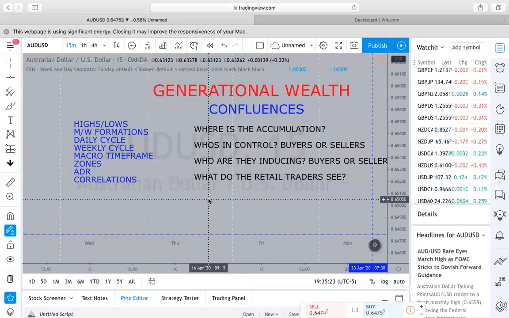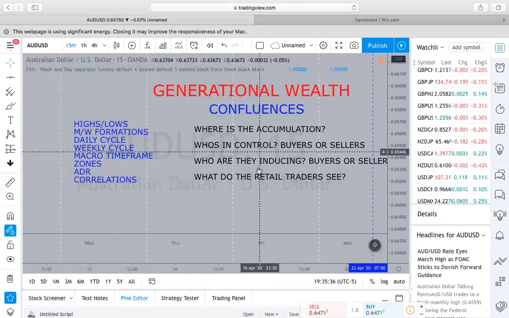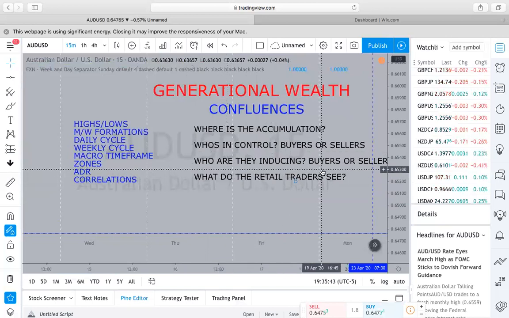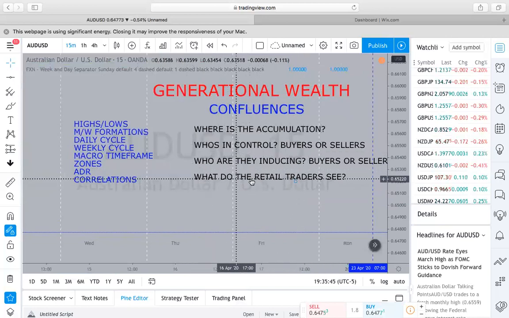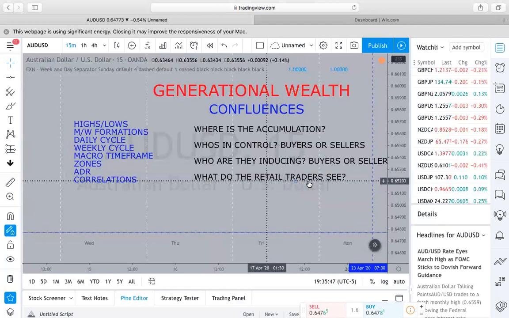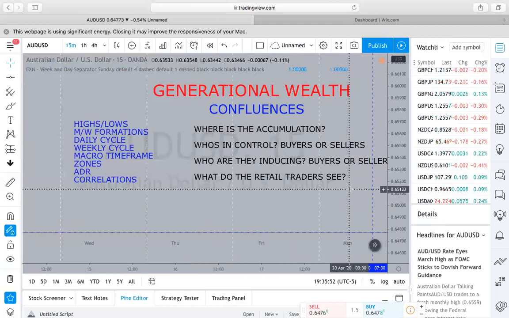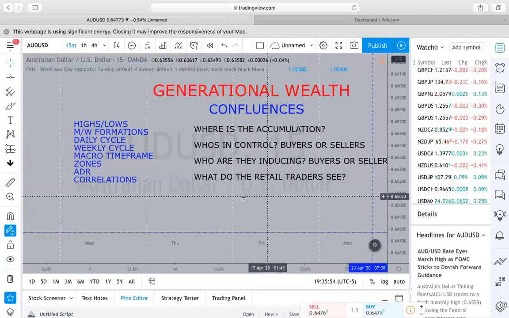Because once you understand what the retail traders are seeing, because we know how the retail traders trade: support and resistance lines, trend lines, and then the known indicators, etc. So when they're trading these indicators and such, they're getting induced. So we want to know what they're seeing as well, so we can trade the opposite, because we're trading the market maker strategy. That's the way we're trading.